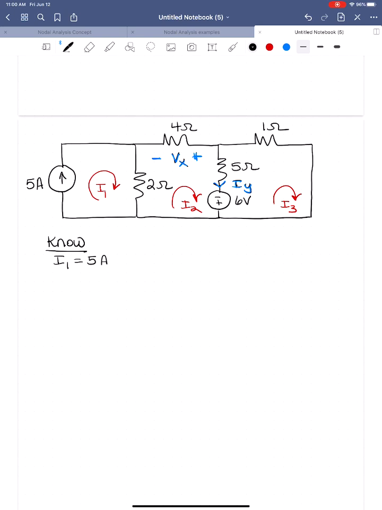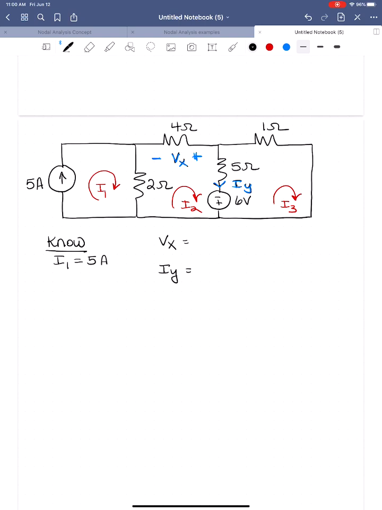All right, it also helps at this point to write down what we're solving for. So we're going to solve for Vx and we're going to solve for Iy. So let's write these down in terms of our mesh current variables if we can. For Vx, we're writing Ohm's law now, so you have to separate the technique of mesh analysis from coming up with expressions for these voltages and currents.